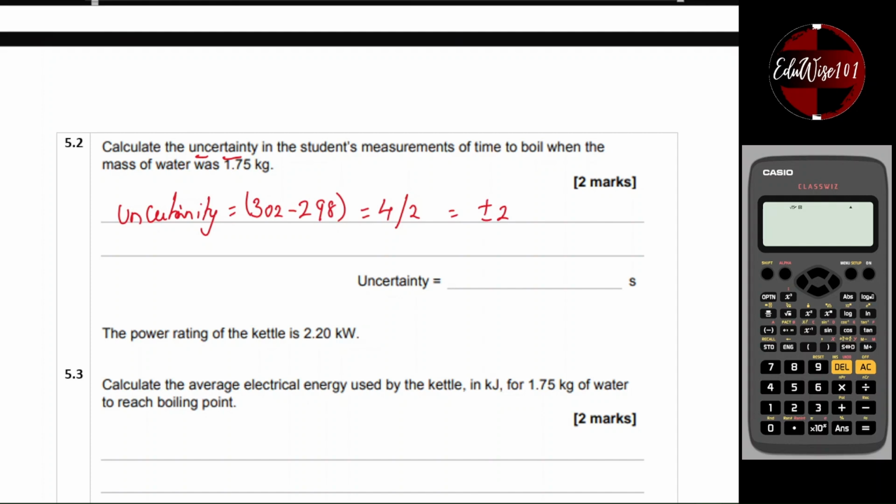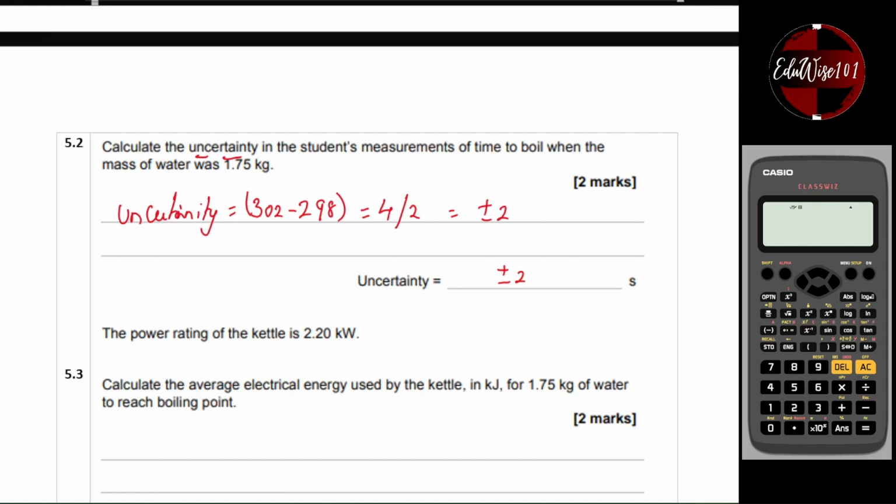So uncertainty is given, right? Plus or minus. You don't really need the plus and minus signs here to get the marks, but from the mean value, it can be plus or minus 2 in terms of the measurement that you're making.